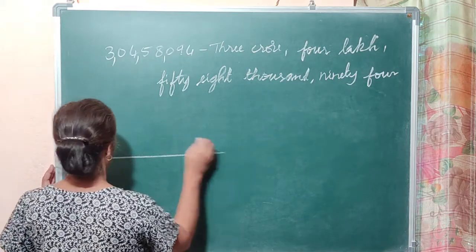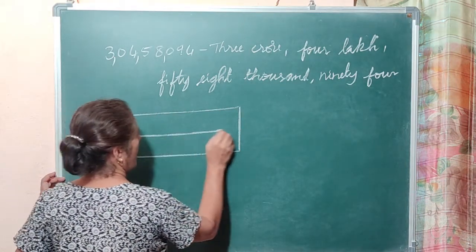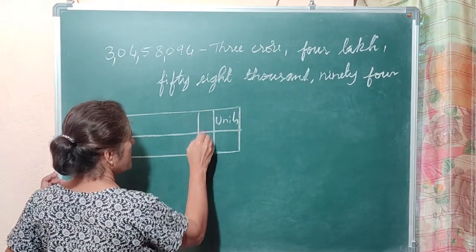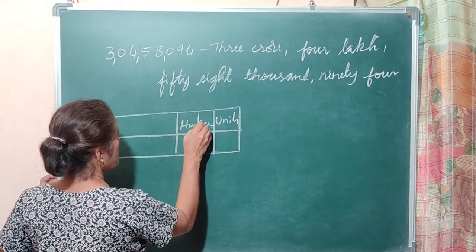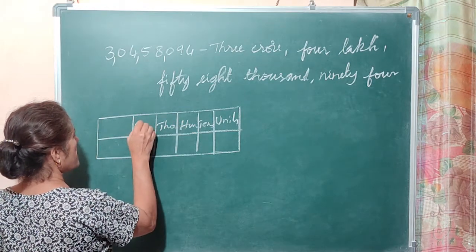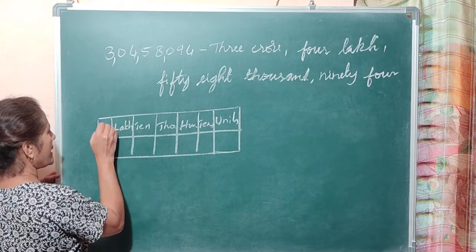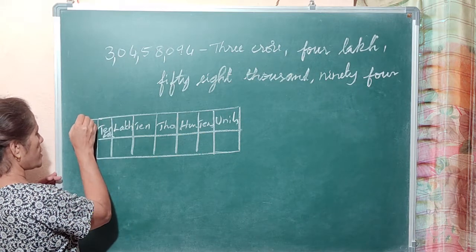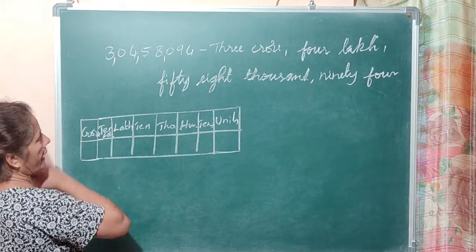In the place value chart, again you draw very neatly using pencil and scale. Units, tens, hundreds, thousands, 10,000s, lakh, 10 lakh, and here there is crore also, crore, right?